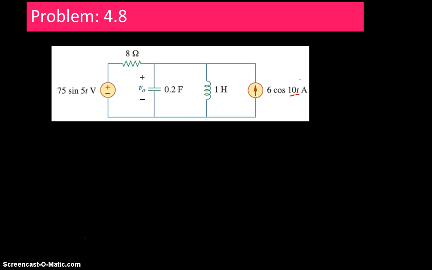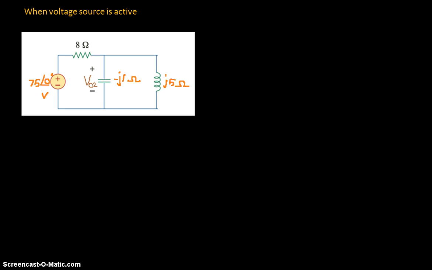Now we have to make the voltage source active. If the voltage source is active, then the current source will be cancelled by open circuiting it. So we are going to open circuit the current source, and the redrawn circuit diagram will be this way. The voltage source is active.